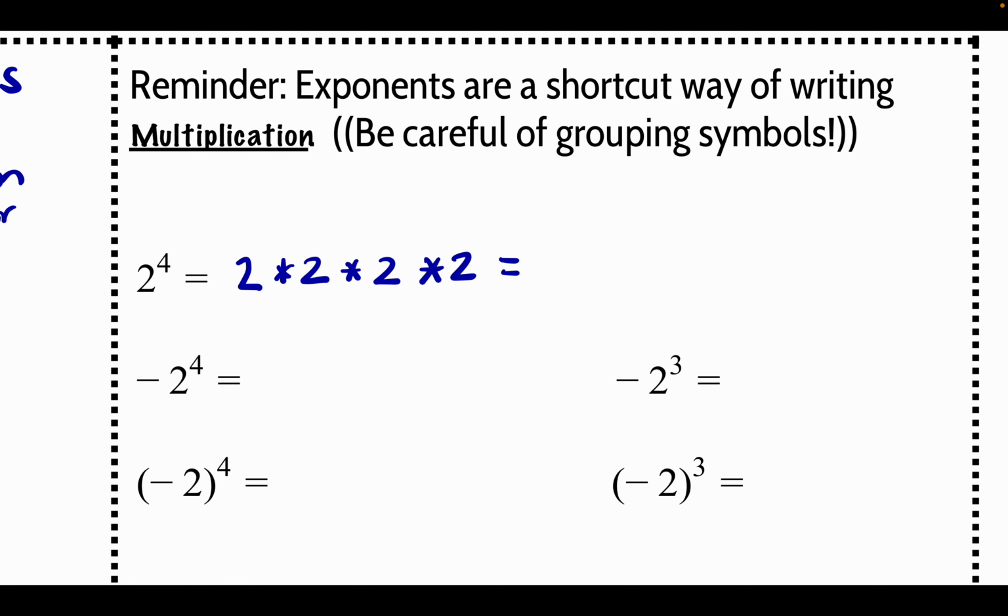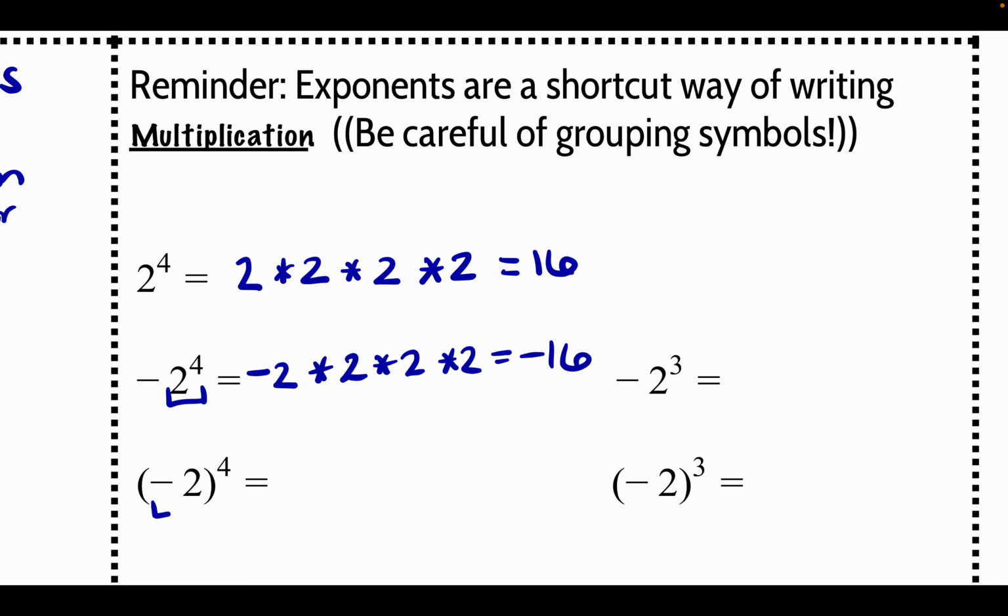So 2 times 2 times 2 times 2, that is 16. Okay, negative 2 to the fourth. Well, our 2 to the fourth, so we have that negative out front. Then we have 2 times 2 times 2 times 2. So this would be negative 16.